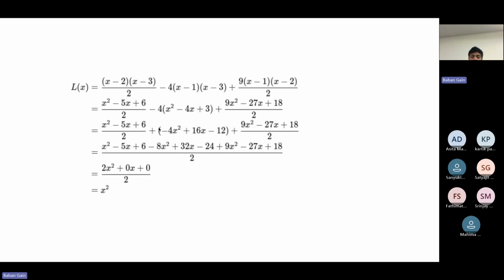So you just take 2 as common and multiply this part with 2. So 4x square plus 16x minus 12, you just multiply that. So it is x square plus 32x minus 24. And then ultimately, nothing will remain for x, nothing will remain for the constant, only 2x square will remain, divided by 2, it will be x square.